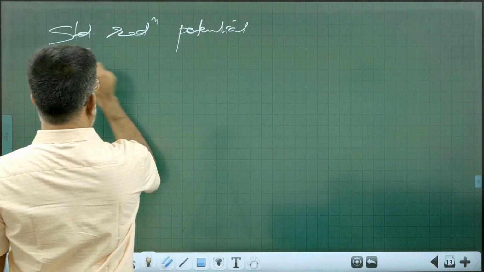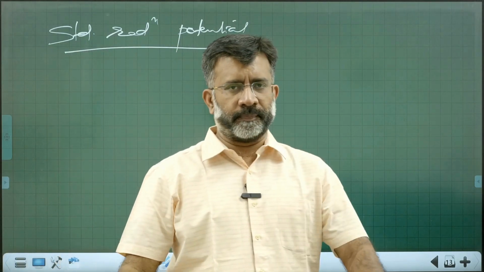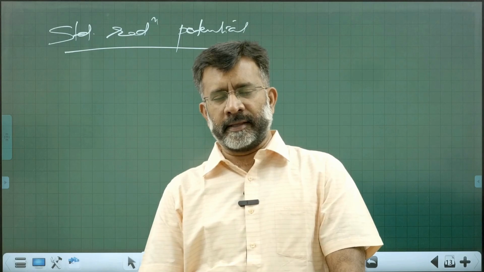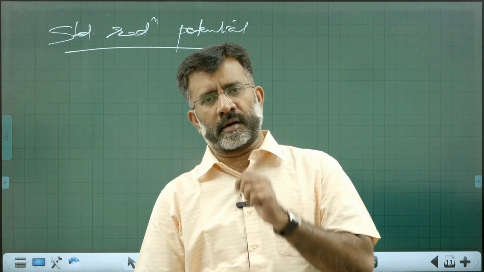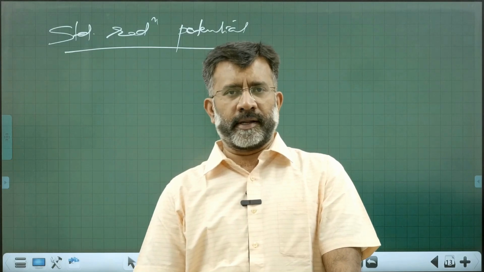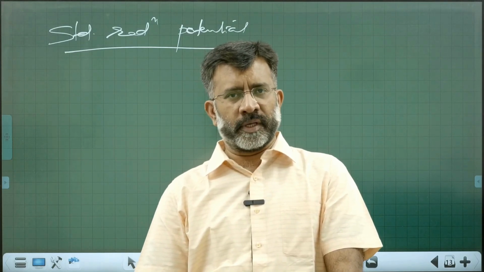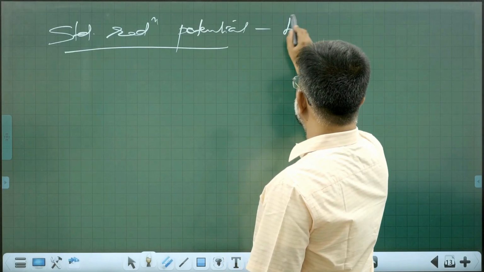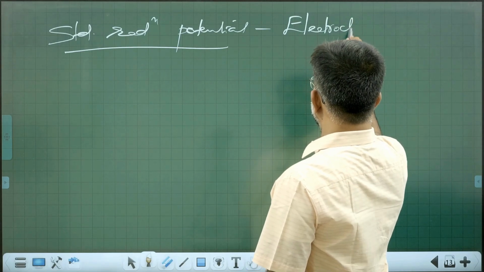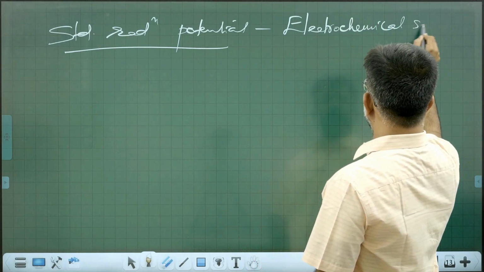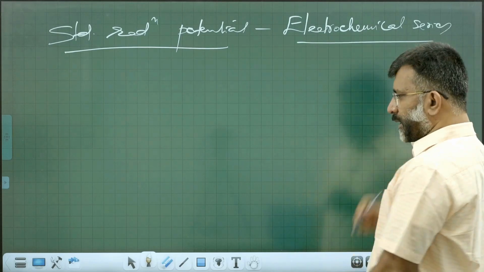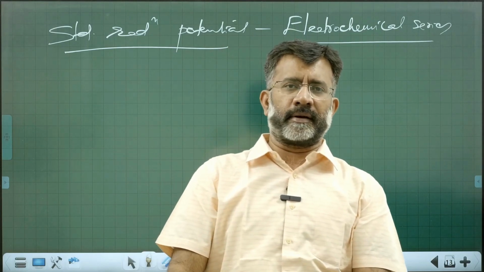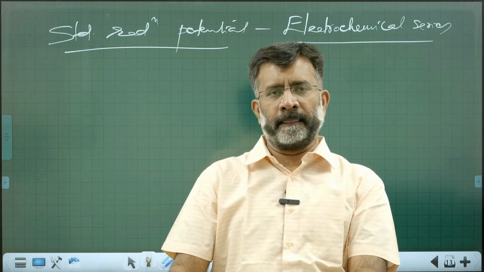What is meant by standard reduction potential? This refers to the potential, an experimental data value, indicating the tendency of a species to undergo reduction. It is evaluated using the standard hydrogen electrode, and there is a series called the electrochemical series, a tabulated arrangement of the standard reduction potentials of various species in a regular order.